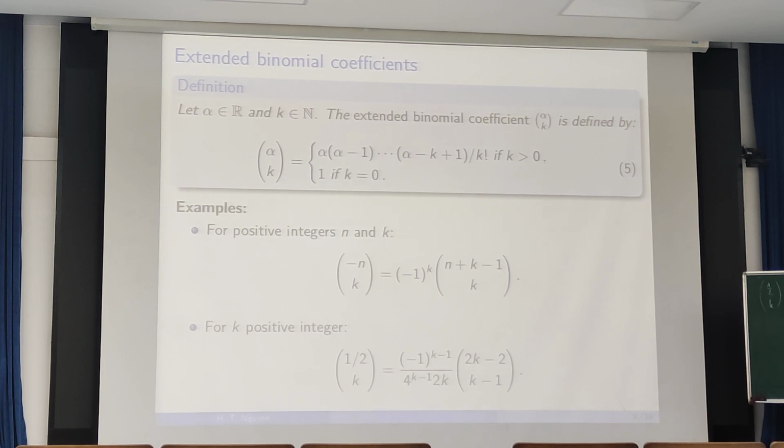We will apply that formula. First we have a factor of 1 over k factorial, and above, we have 1/2, times 1/2 minus 1, 1/2 minus 2, and so on. The last term is 1/2 minus k plus 1.